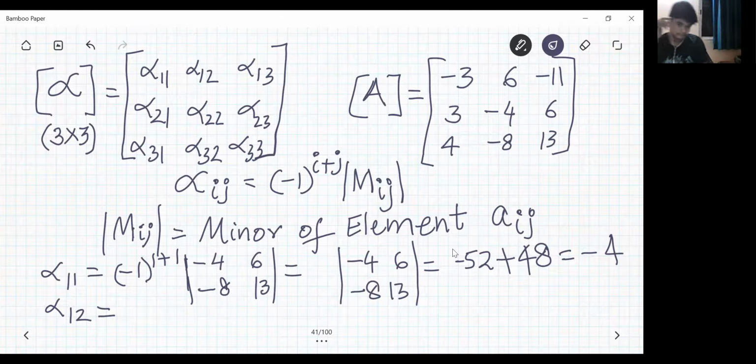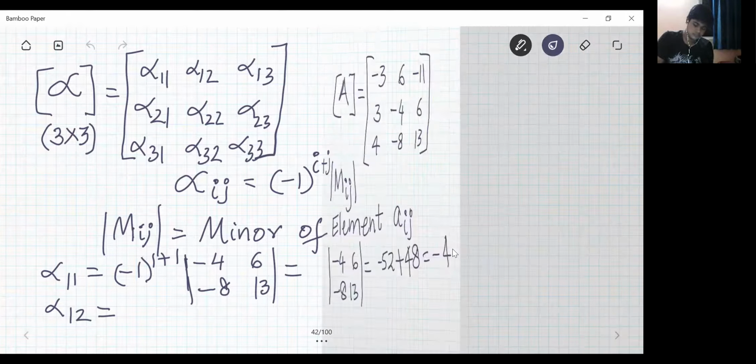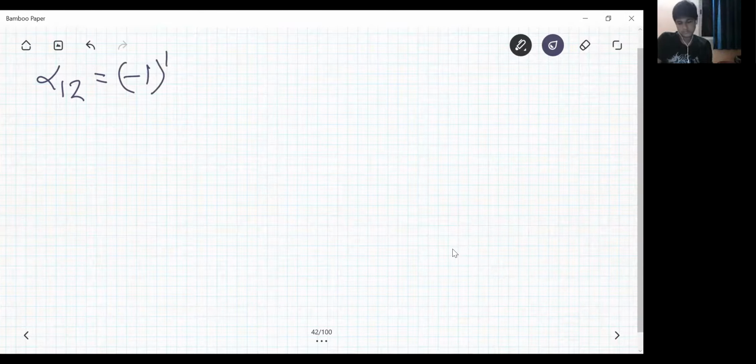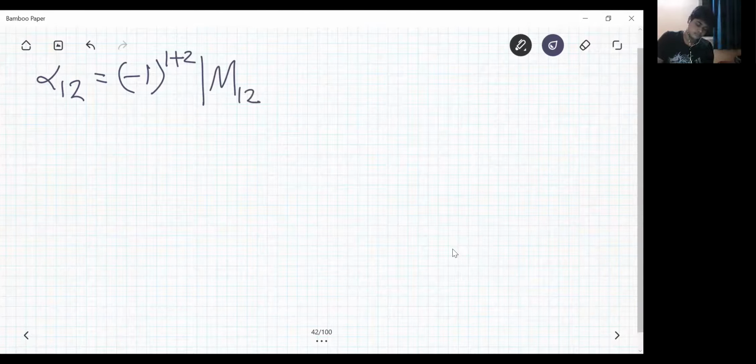So now like that, you have to find alpha 1, 2. See, alpha 1, 2 is minus 1 to the power of 1 plus 2 multiplied by the determinant of M12, that is the minor of element 1, 2. So 1 plus 2 is 3 here, so this will give a minus sign. So I will write the minus sign there.